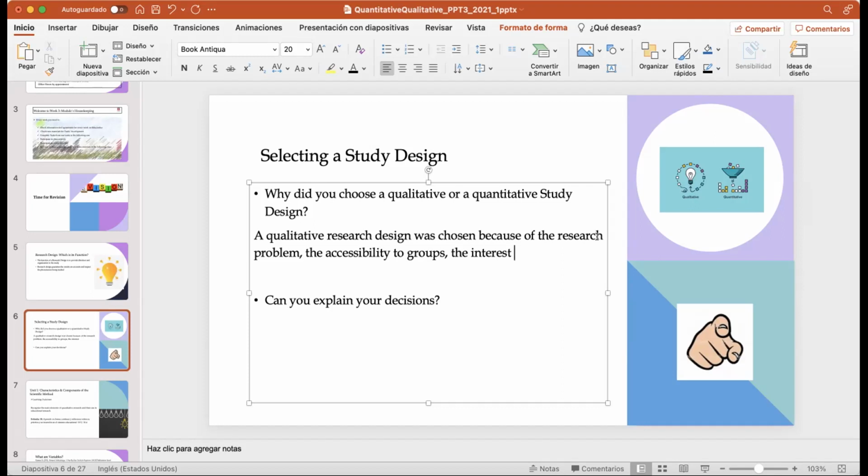So that can also influence the studies, the designs we choose. Yes, and the way we see the world, how we are going to analyze that world, the phenomena in the world. The interest in different social phenomena.